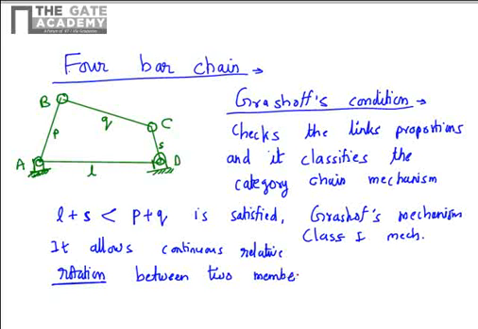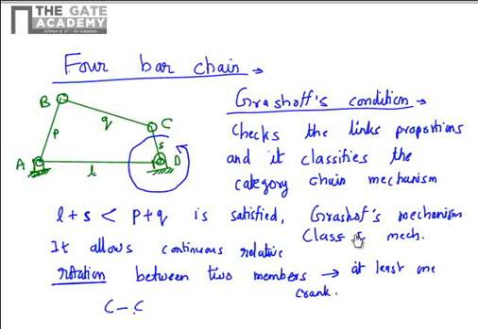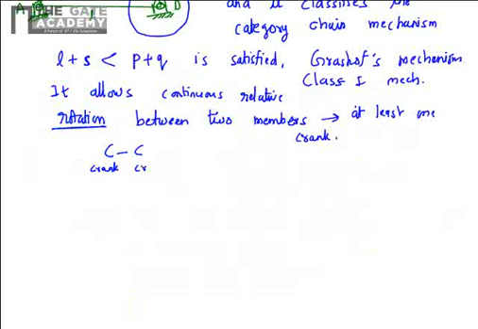So if Grashof's condition is satisfied, one of the links in the mechanism, which is typically the shortest link, will have a complete rotation. So it can have complete 360-degree motion. It will be like a crank. So at least one crank in the mechanism. From that you can get a crank-crank arrangement, or a crank-rocker arrangement.